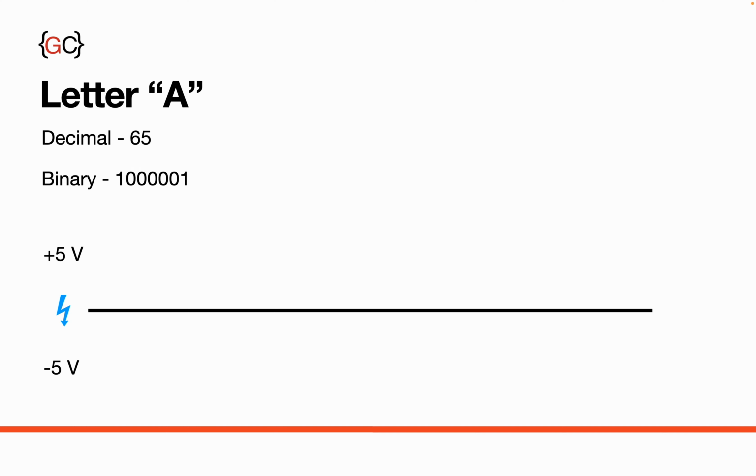So now how computer will understand it is letter A, the decimal value is 65, the binary value is 1000001 and you have a power. This can be plus 5 volt or it can be a negative power, and now we can graph it. So if the power goes up, then it becomes 1. If the power goes down, then it becomes 0.